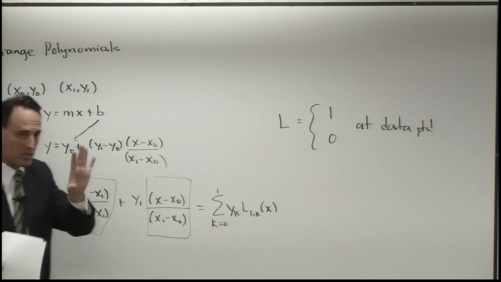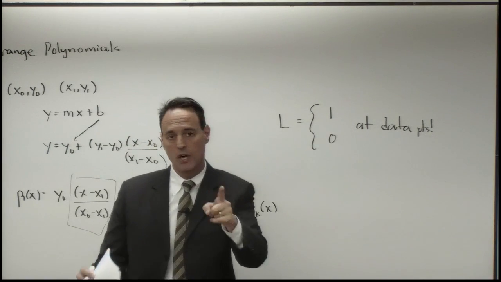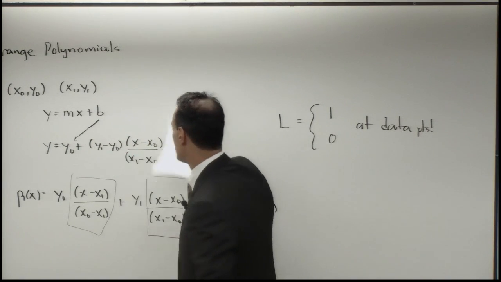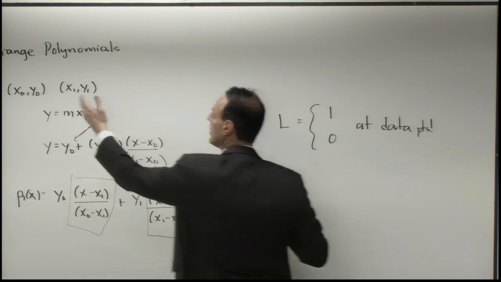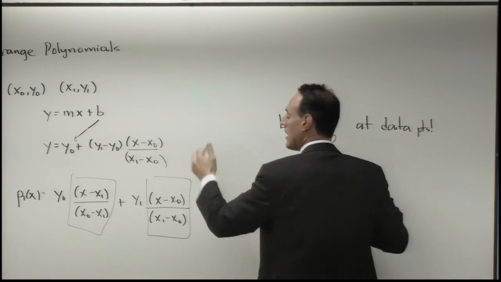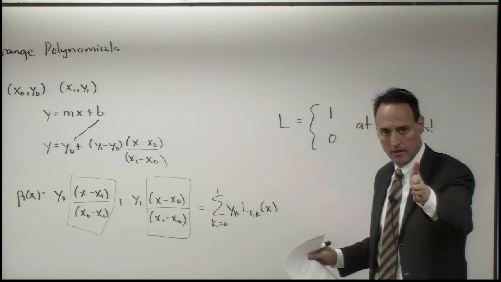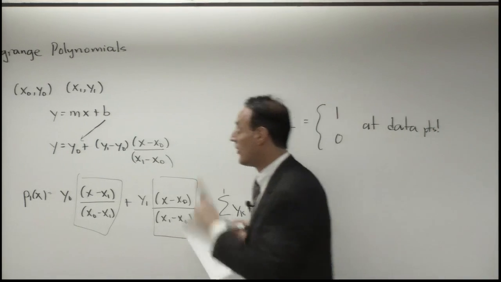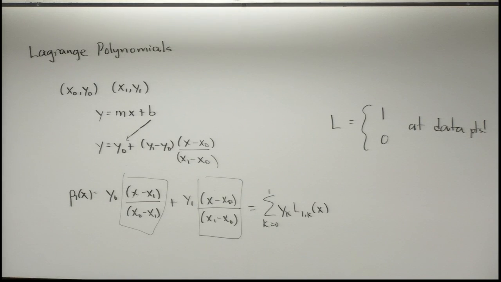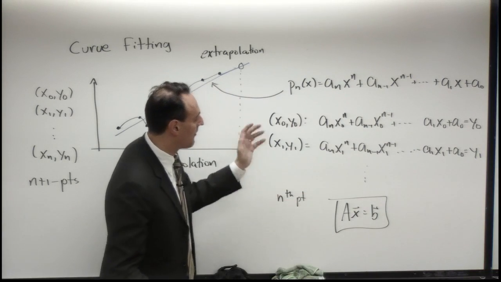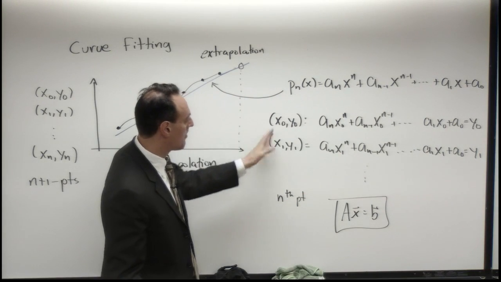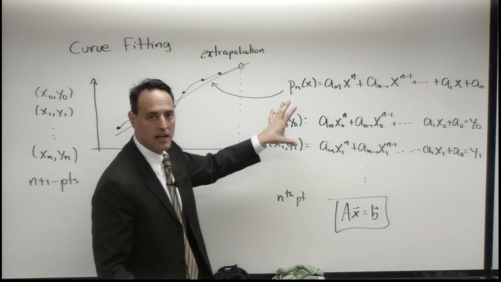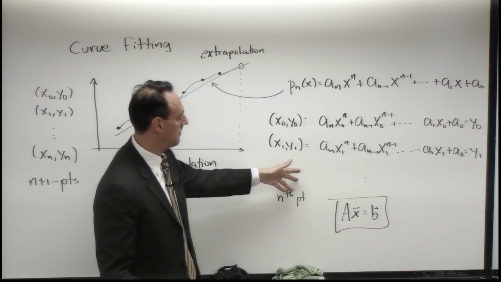So let's contrast the difference here. What I'm trying to construct here is a very general way that I could write down, you give me the data points, and I can write down the formula for you immediately without having to solve any set of equations, versus over here. And the philosophy is I've got to plug in every data point to write down a giant Ax equals b system.